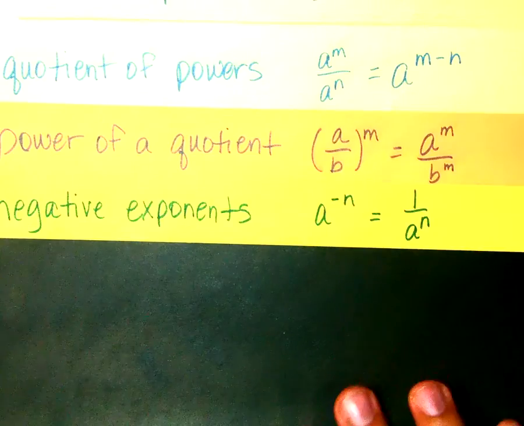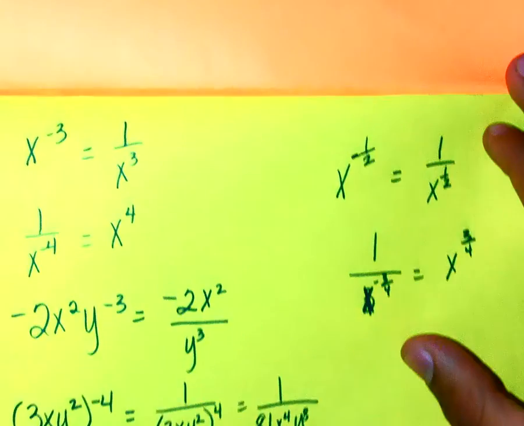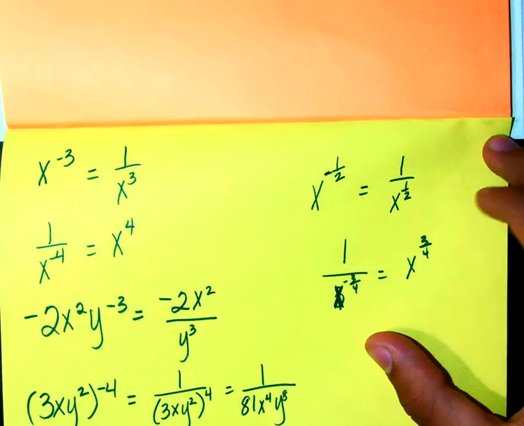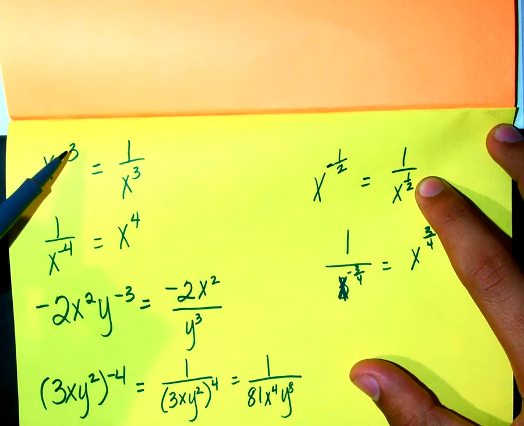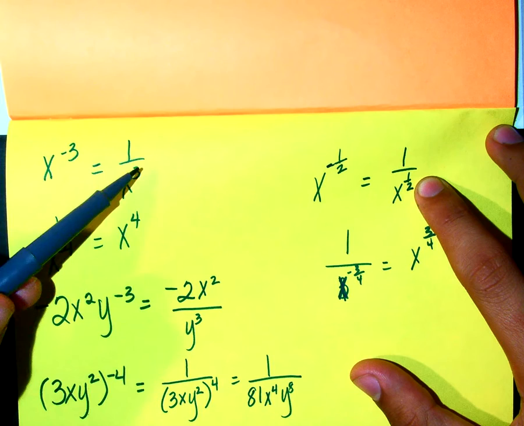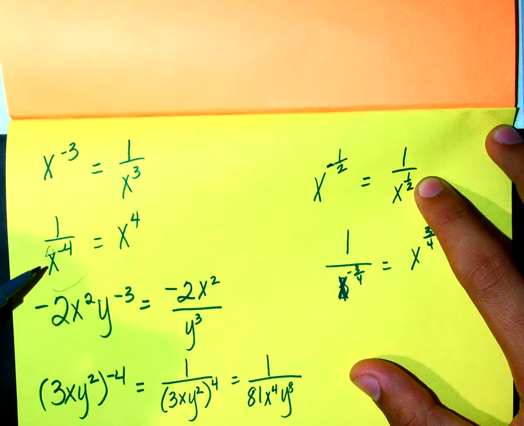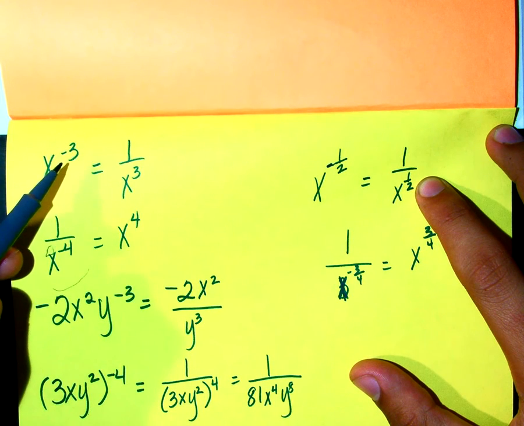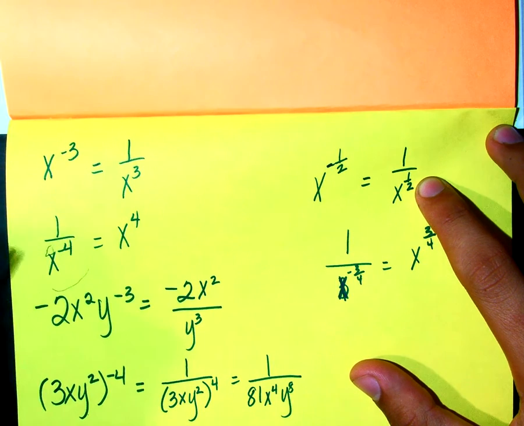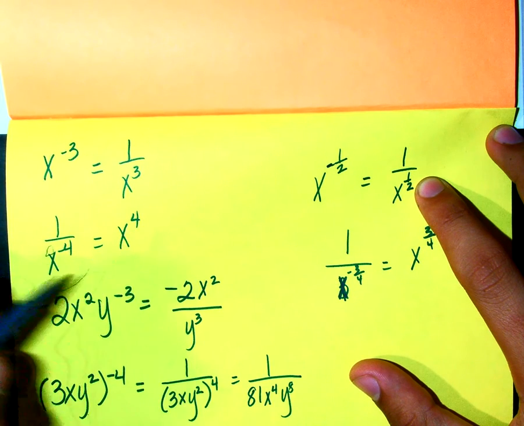So here we will have some examples. You'll see we have x to the negative 3. We write it as 1 over x to the third. I forgot to show this in an example, but just as a negative exponent in the numerator goes to the denominator, if we have a negative exponent in the denominator, we can put it in the numerator, and it'll change the sign.